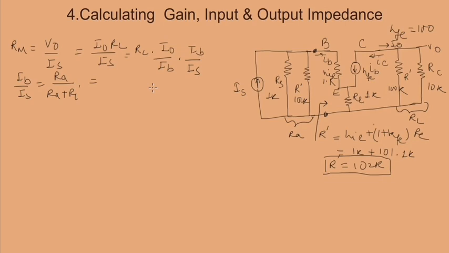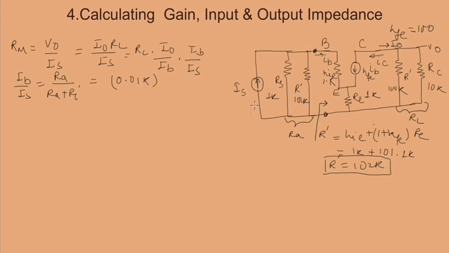So the Ib by Is value changes to 0.01K. It is Ra, that is this value, upon Ra plus Ri dash. Right?